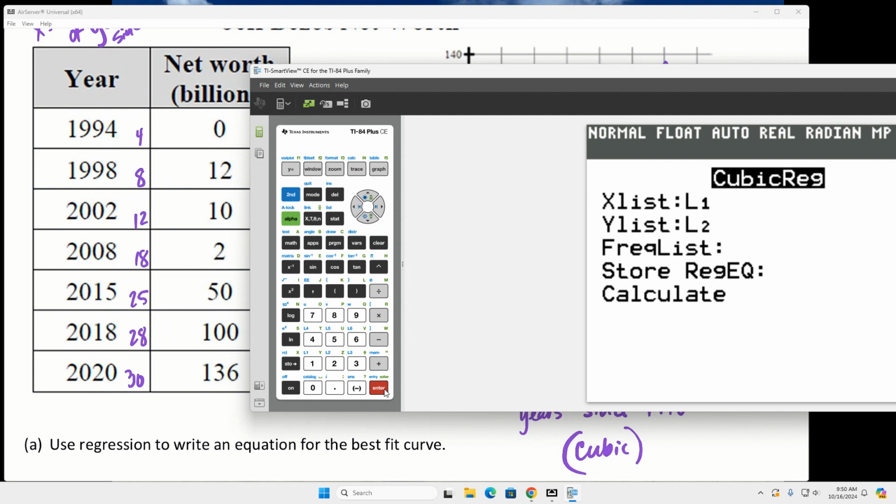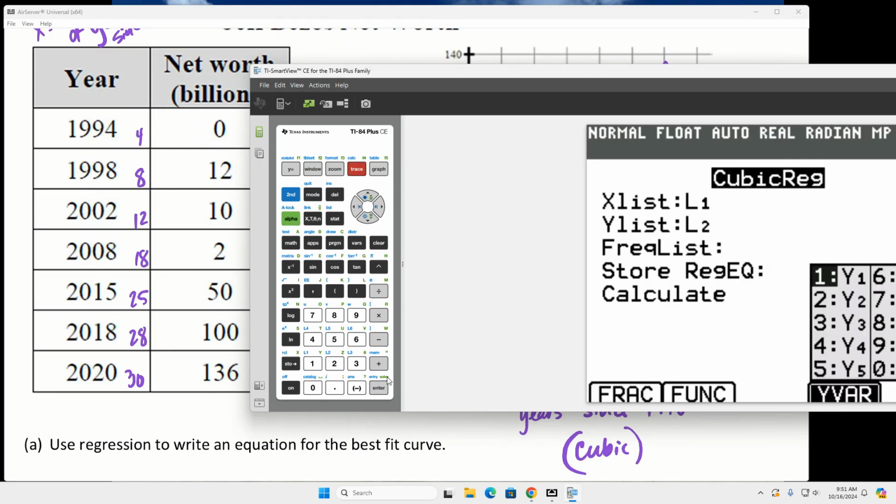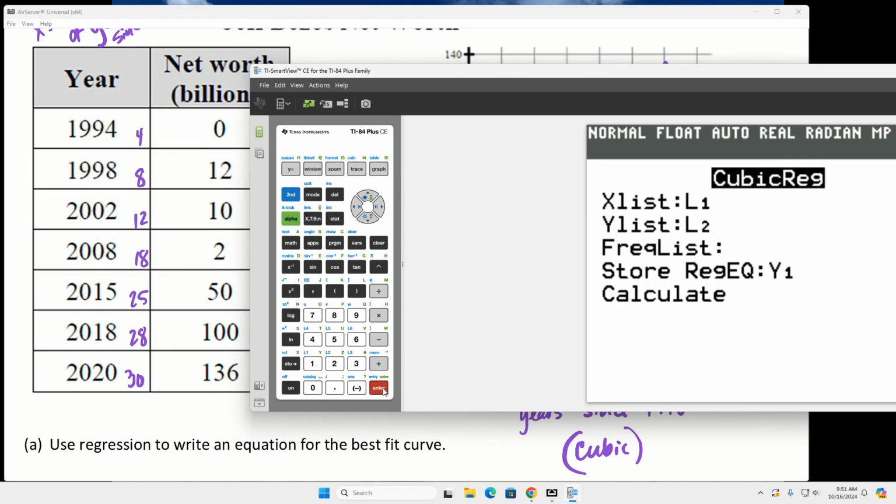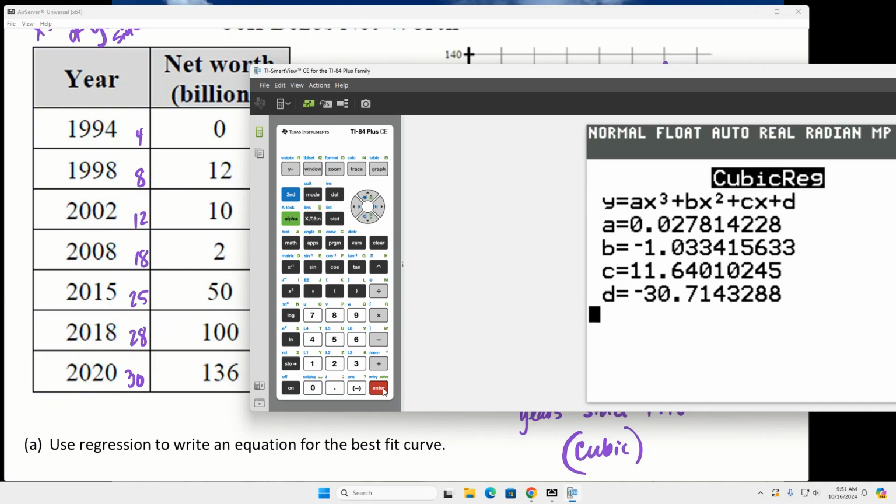So we're going to tell our calculator to store whatever we get for this regression equation into y1. And so anytime you want to get the y variables, you hit alpha and then trace. So we're going to store this in y1, right? And then we're going to calculate. All right, double check yours with mine. I did mess up in the last class, but we're good.